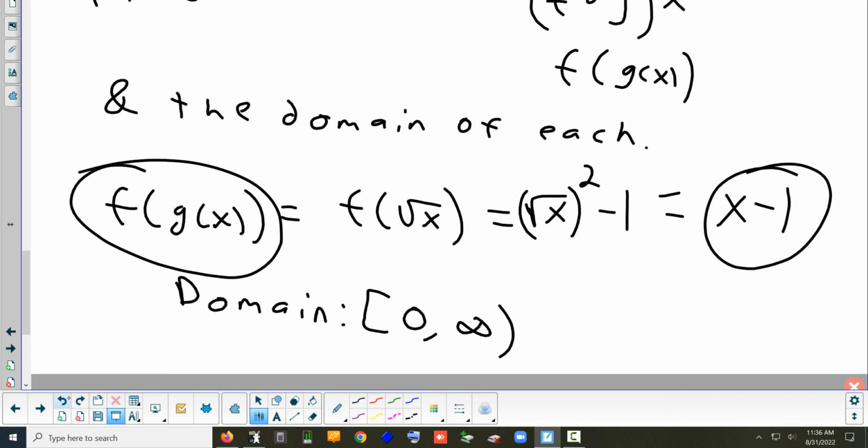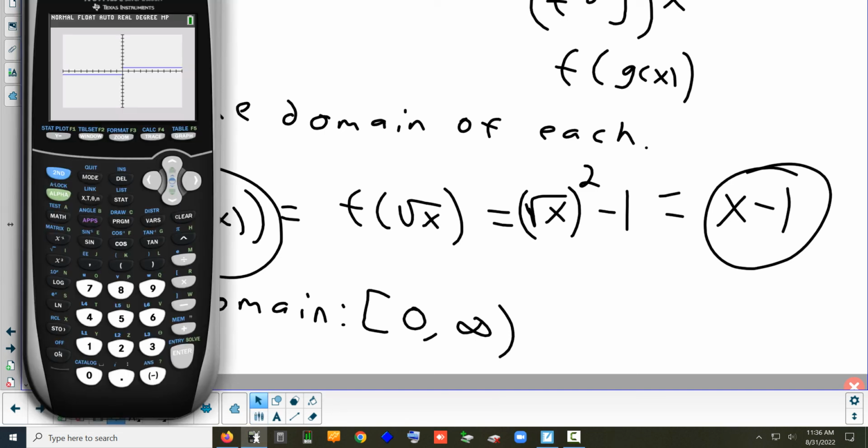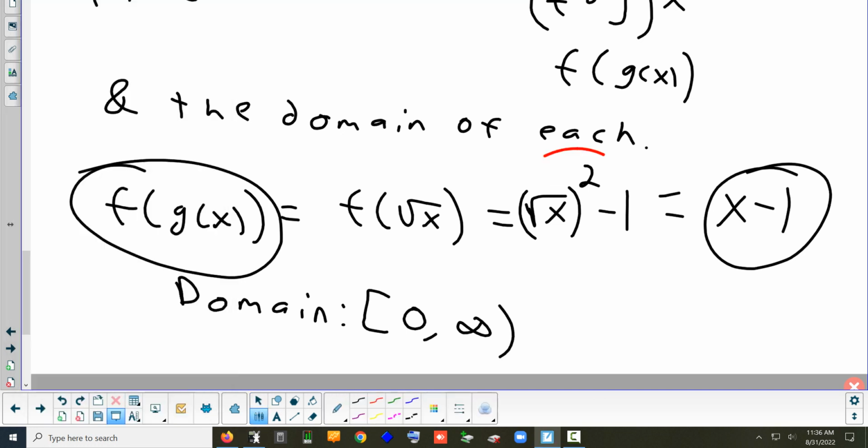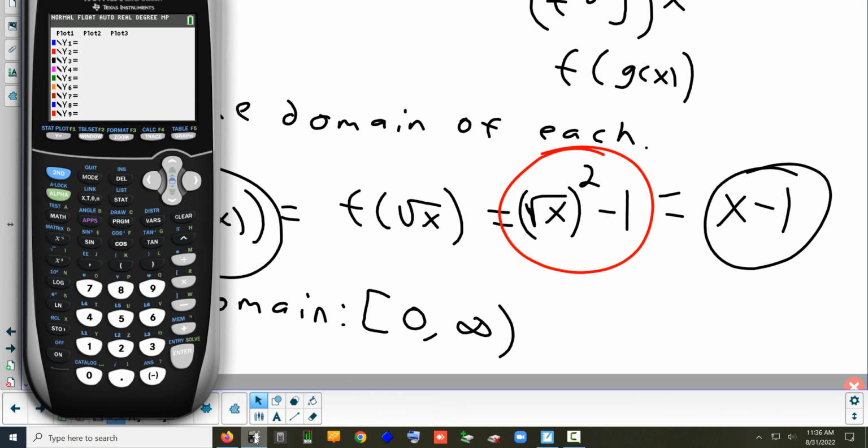How do you put this stuff into the calculator, like to graph this one? If you really wanted to graph this problem, you would have to type it in like this. Because if you typed in the final answer, the calculator would have no idea you had a square root.